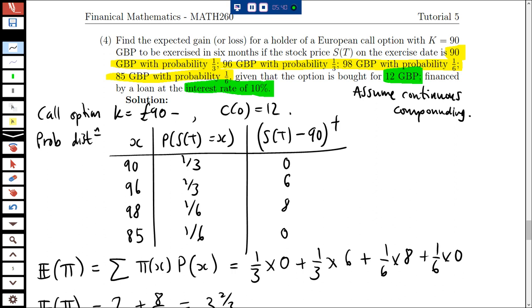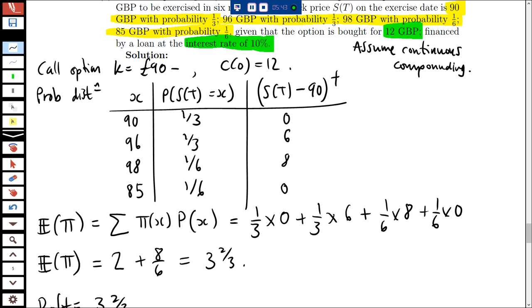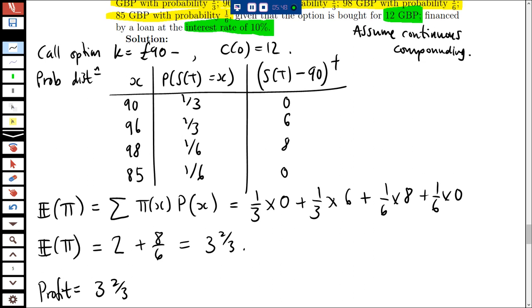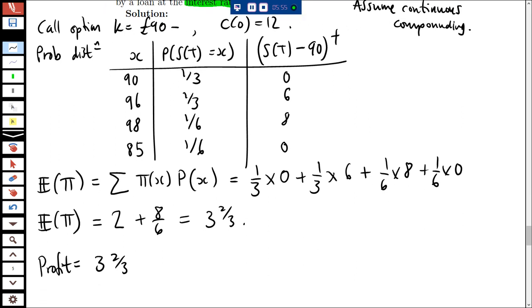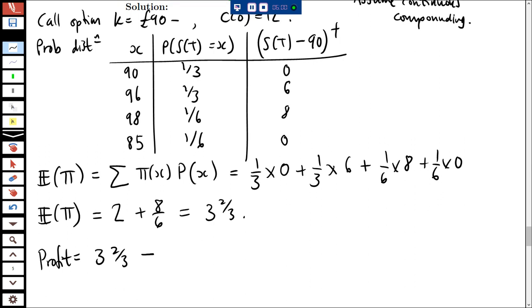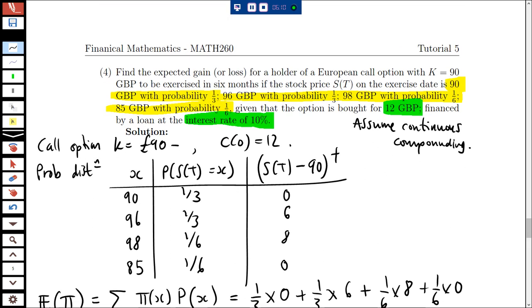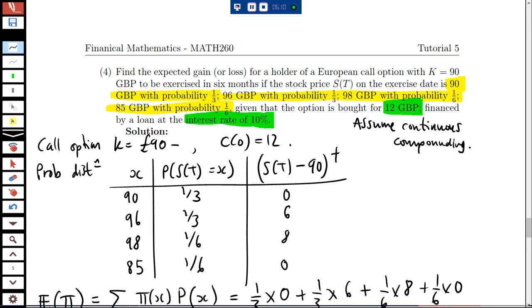So we now need to worry about the time value of money. That £12, we need to compound it to the exercise date. So if we borrow £12 at time 0, then at the exercise date it's going to rise, and the exercise date was 6 months, if I remember right. Yep, 6 months.